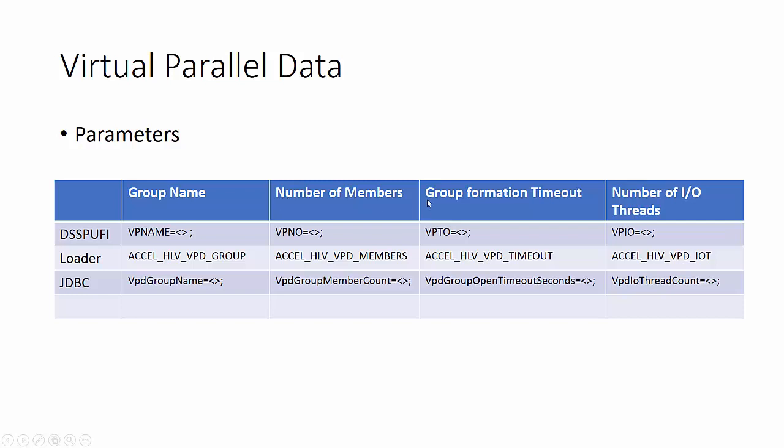And then you also define the group formation timeout. If you don't set that, the default is 60 seconds. And then you also define the number of I/O threads, which are the physical I/O threads that are going to be used to physically read the data into the memory object.